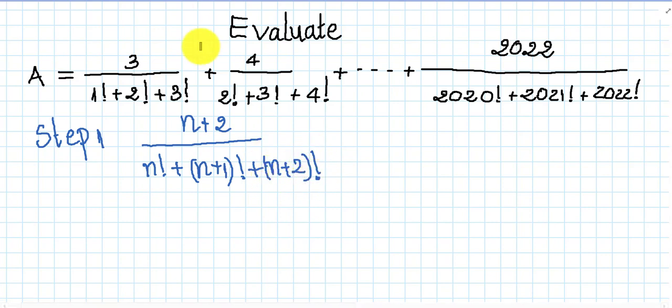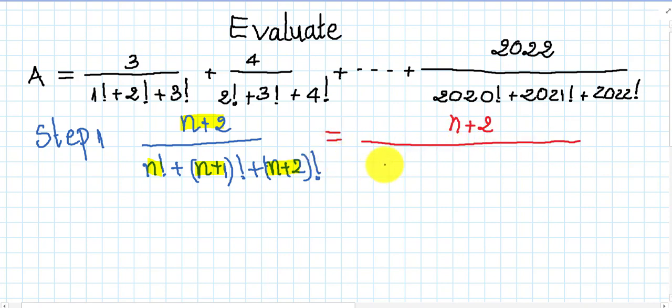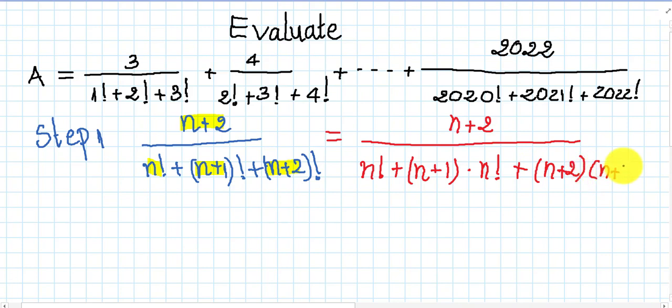Let's see it like this. This is equal to n plus 2 over n factorial plus n plus 1 times n factorial plus n plus 2 times n plus 1 times n factorial.